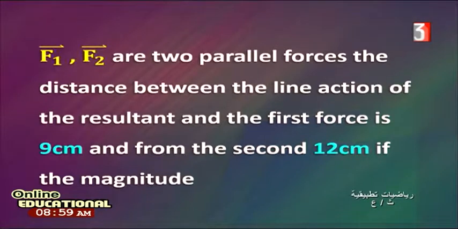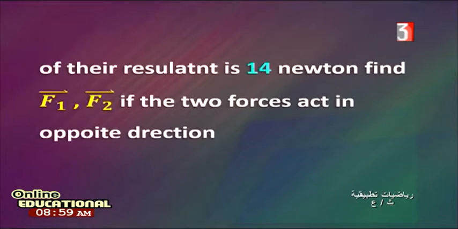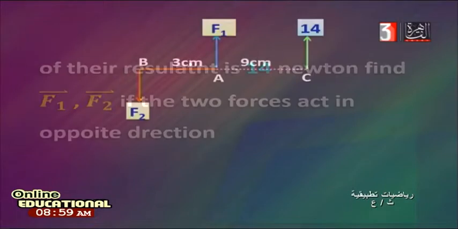The distance between the action of resultant R and the first force F1 is 9 centimeters, and from the second, 12 centimeters. If the magnitude of their resultant is 14 Newton, find F1 and F2 if the two forces act in the opposite direction.